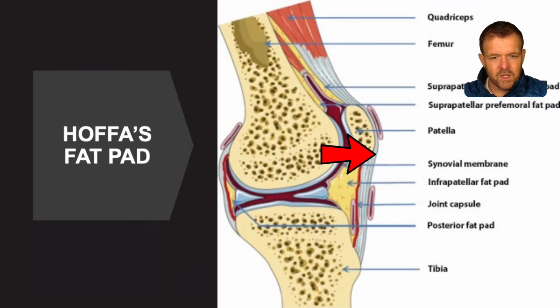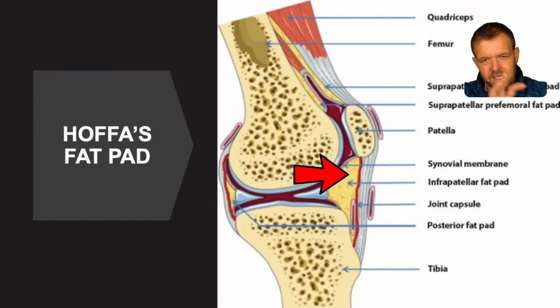Because if you try to rehab this and you follow the normal patellar tendon loading protocol, it may irritate the Hoffa's fat pad and it just doesn't go away. Okay, so it's another thing to think about when you've got someone coming in with anterior knee pain.